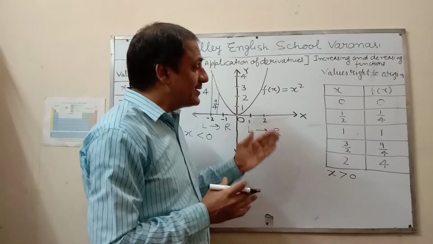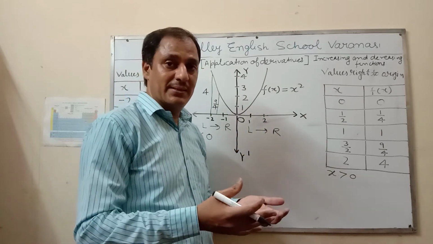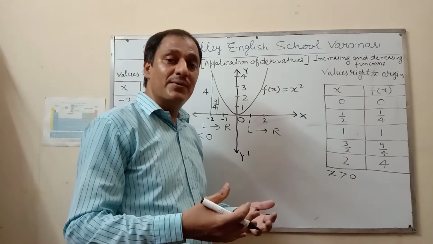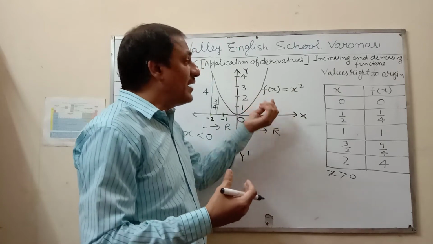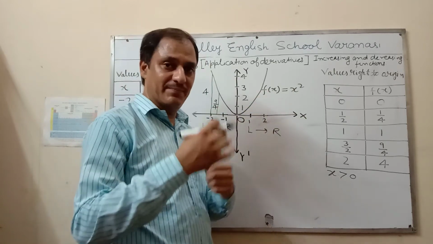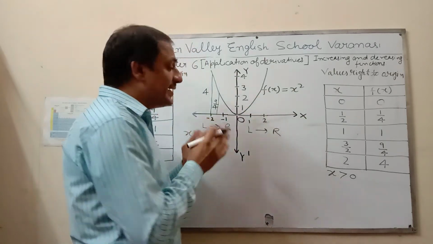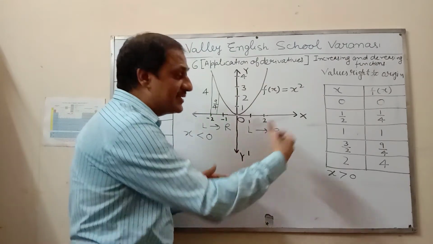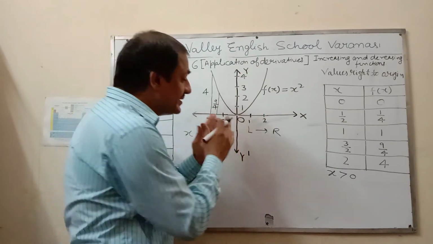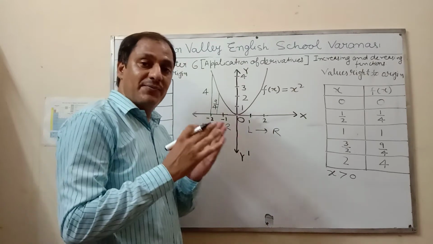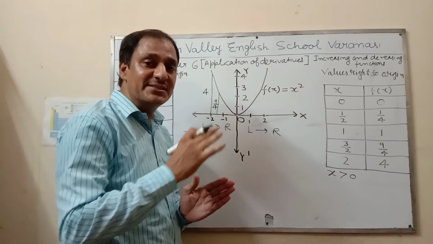Here the value of x is increasing, as well as the value of y. It means the value of f of x is also increasing. So if the value of x is greater than 0, in this interval the function is continuously increasing.